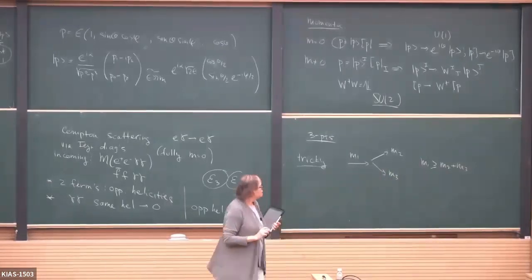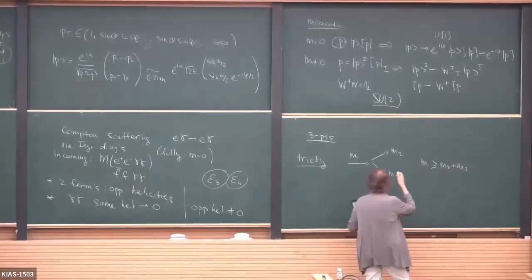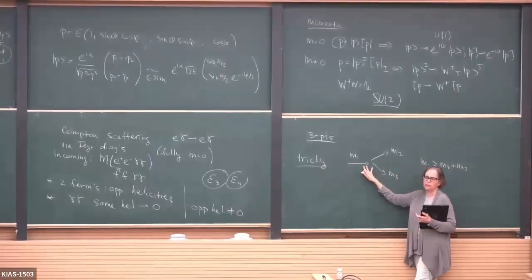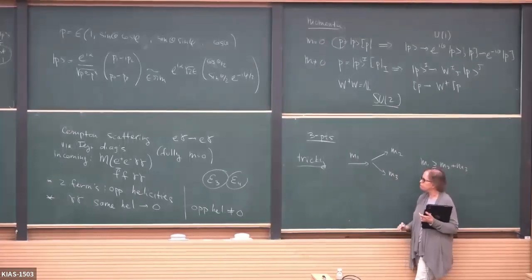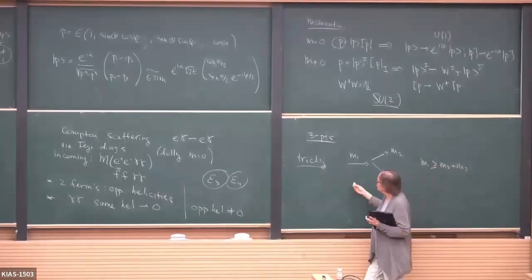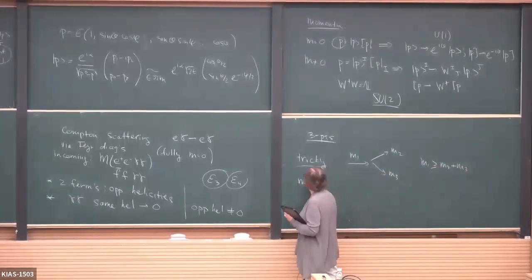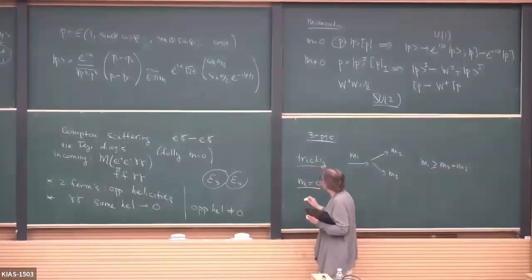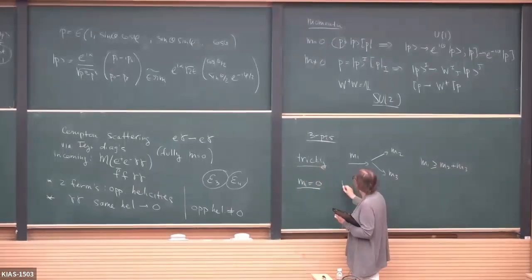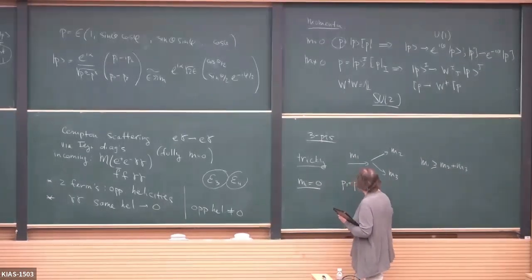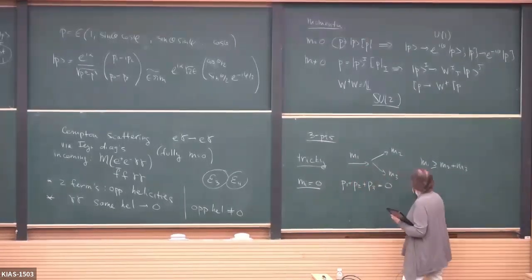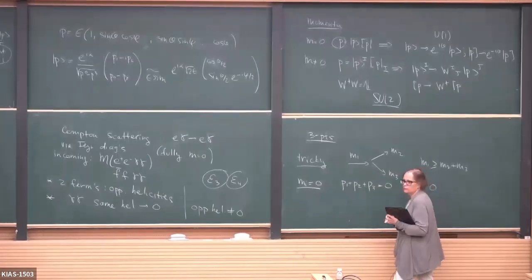Okay, so in a way, the thing that is really physical is massive amplitudes. In some ways they're much simpler. For massless particles, this is actually not allowed because we cannot have P1 plus P2 plus P3 equals 0 with Pi squared equals 0.